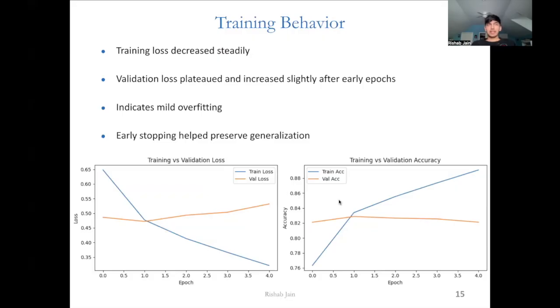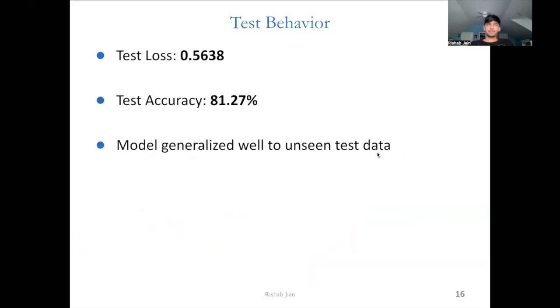During training, loss decreased steadily while validation loss plateaued after the early epochs. We can see at about 1 epoch, there's a strong increase in validation loss. And then our test performance.